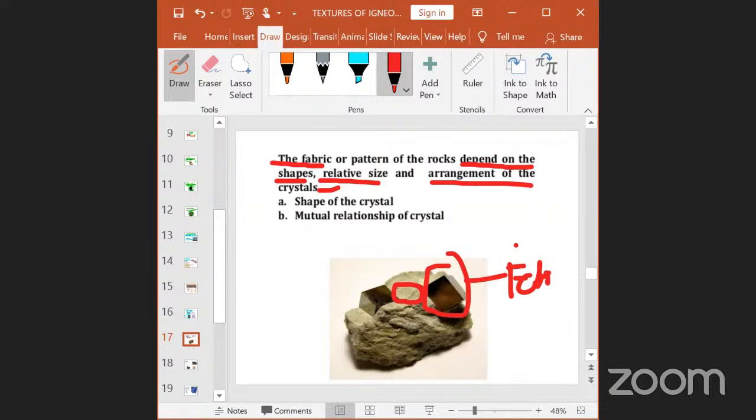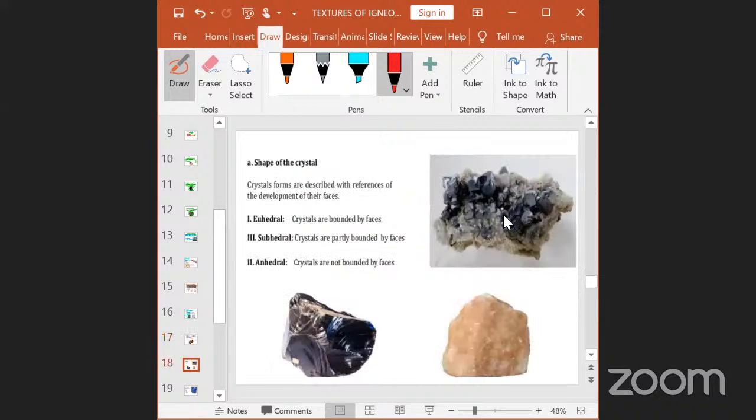This depends on the shape of crystals and mutual relationship. Then next, shape of the crystals. So texture based on the shape of crystals.